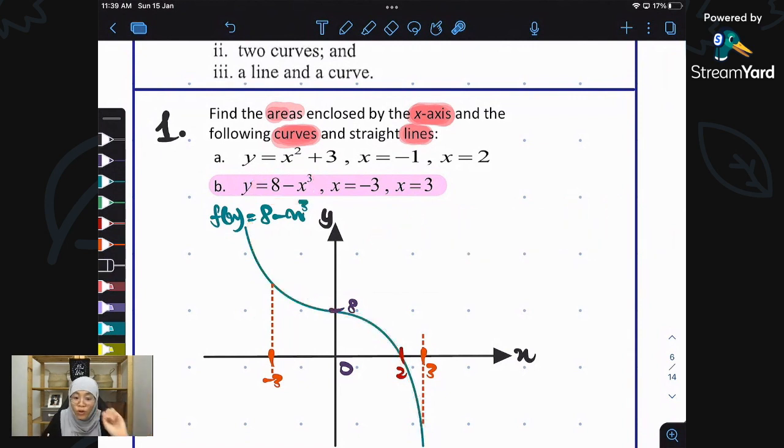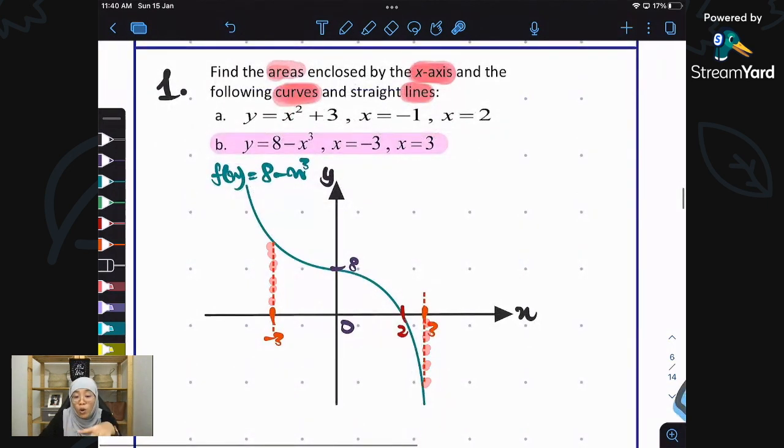You have known how to draw this negative cubic already. And then what you need to do is just find this line. So this is our straight line, x equals to -3 and x equals to 3. Am I right? So this dotted line is where our straight line is. So I only drew it close to the cubic curve.